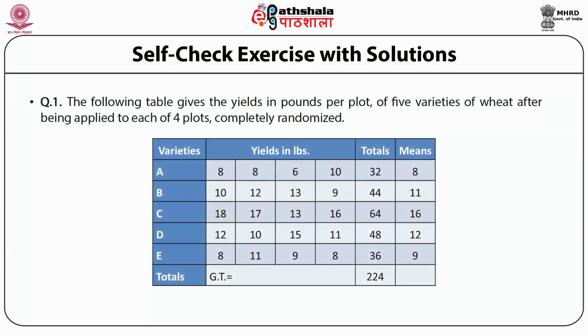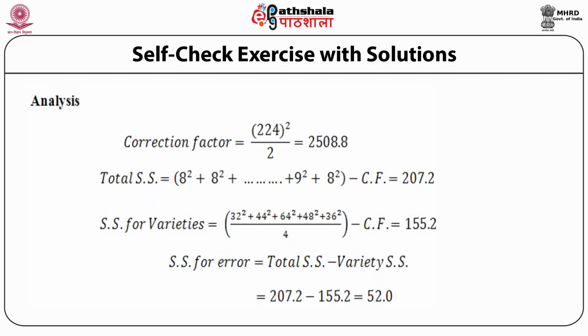The following table gives the yields in pounds per plot for 5 varieties of wheat after being applied to each of 4 plots completely randomized. So here you can see we have yields of different varieties of crop in different plots, and the analysis of variance.